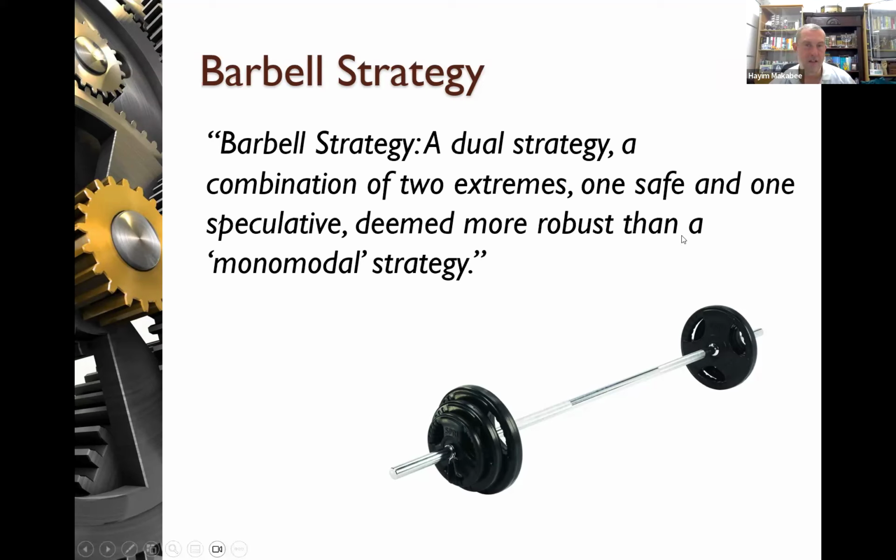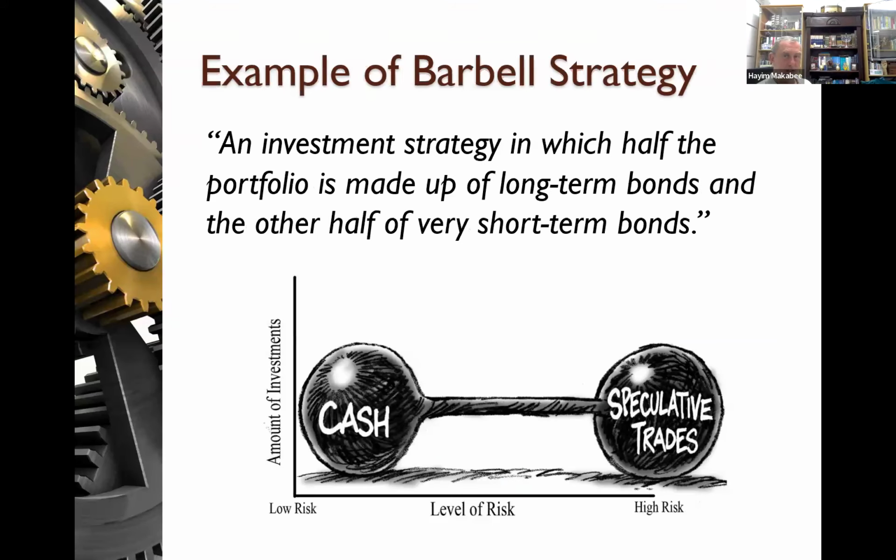So interesting concept to put the weights on the two extremes. And it is more robust than having all the weight on a single place, right? So let's see how it applies in practice. So for instance, in investment, if you are an investor, you have money you want to invest, you can have one extreme that is low risk and another extreme that is high risk.